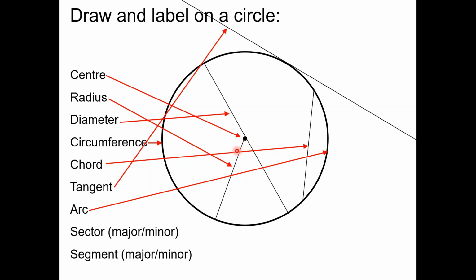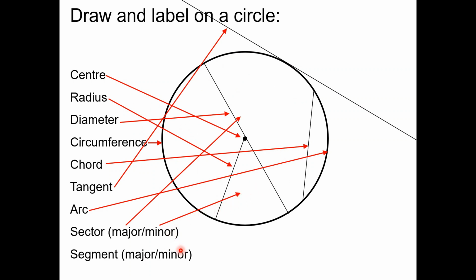So if we have this radius and this radius and there is an arc, then we have a sector. This small portion is going to be a minor sector and this bigger portion is going to be a major sector.